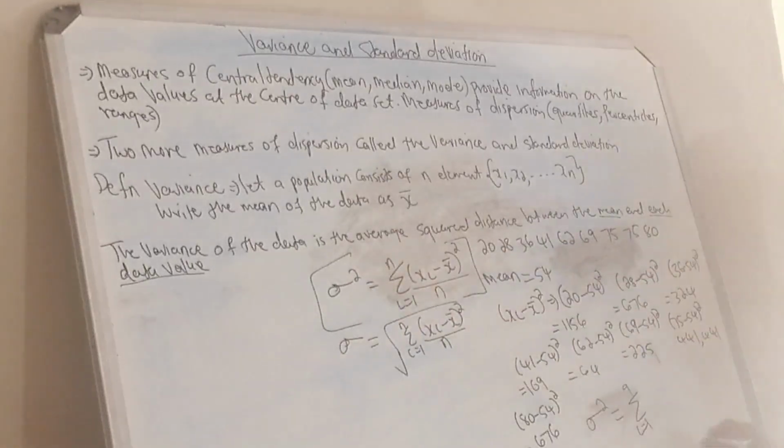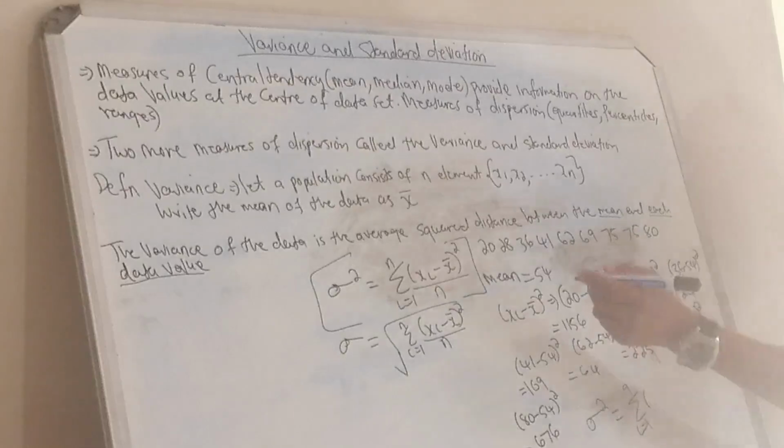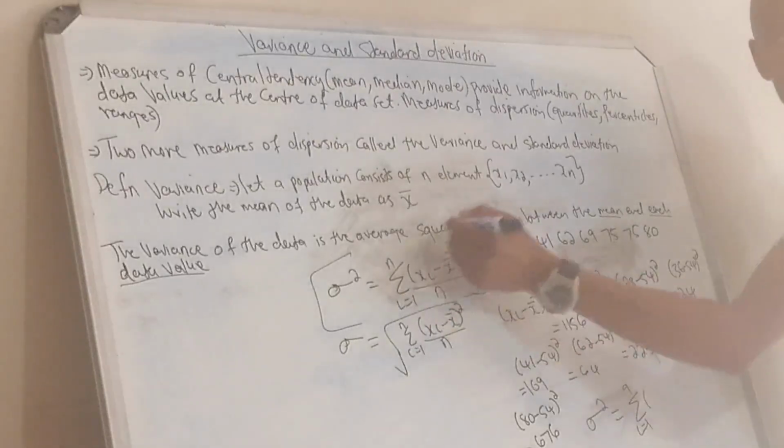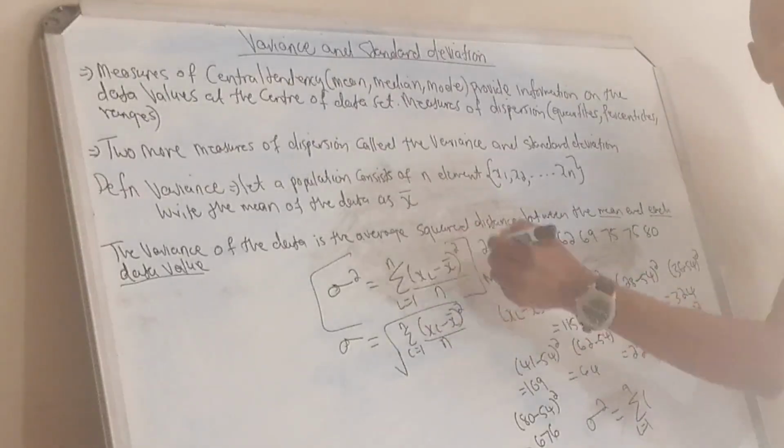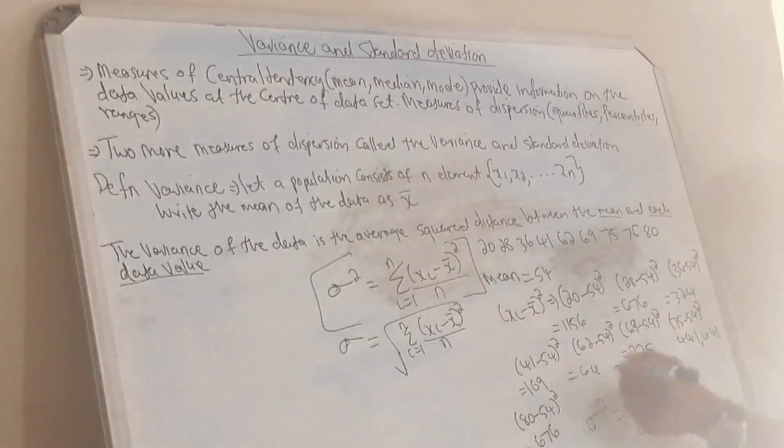We start at the first element, 20, and go through all of them. The value is 4172 again.